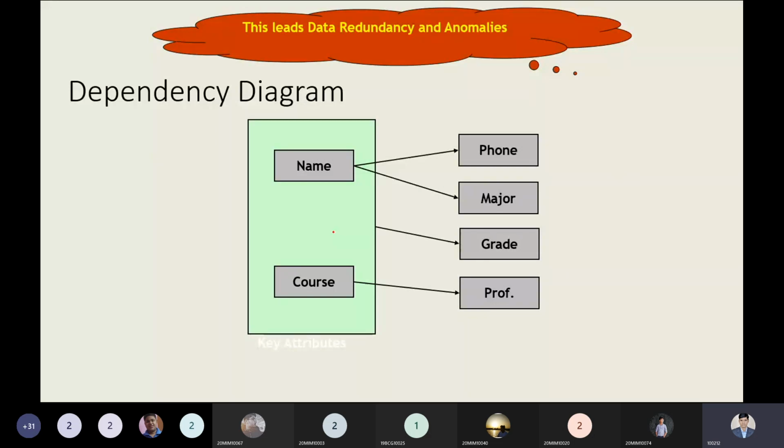And this is known as the dependency because we are depending on the other part. Dependency is also saying to us that it leads to data redundancy, duplicacy, and some anomalies occur: insert, delete, and update.